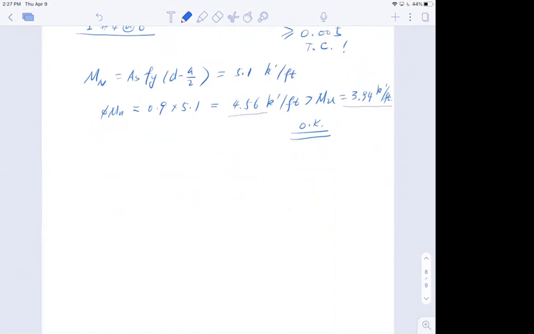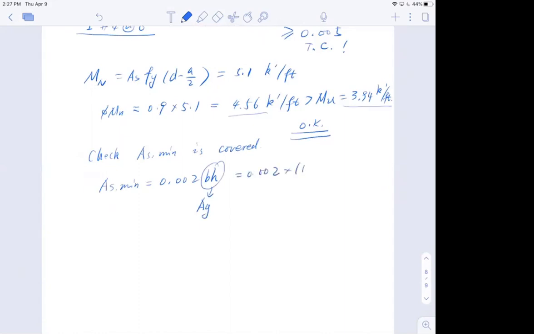All right, but this is not over yet. I just need to make sure my As min is satisfied. Remember, it has to be bigger than the shrinkage reinforcement. So As min equals 0.002 b h. This is actually Ag, as shown before, and this is 0.002 b.